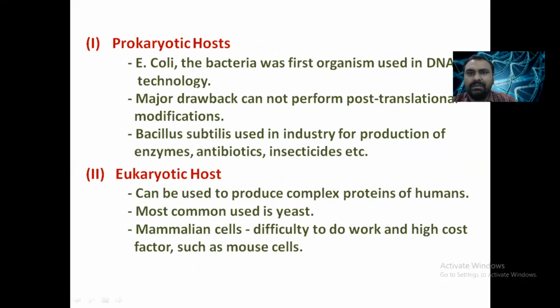Its only drawback is that it cannot perform post-translational modification. Bacillus subtilis bacteria is used in industry for production of enzymes, antibiotics, and insecticides. Eukaryotes can be used to produce complex proteins. The most common eukaryote used is yeast; mammalian cells, like mouse cells, are difficult to work with and high in cost. So we mainly use yeast among eukaryotes.